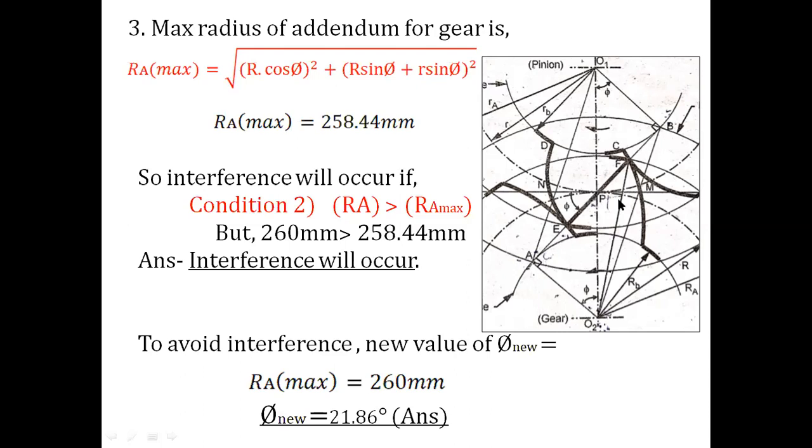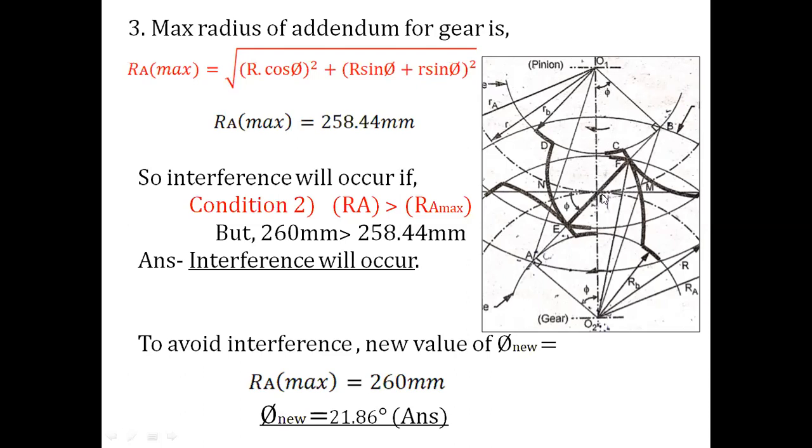AB is the addition of AP plus PB. So what is AP? Again in the same triangle O2AP, the hypotenuse is R, so AP will become capital R sin phi. For PB, I am considering triangle PO1B, again a right angle triangle.